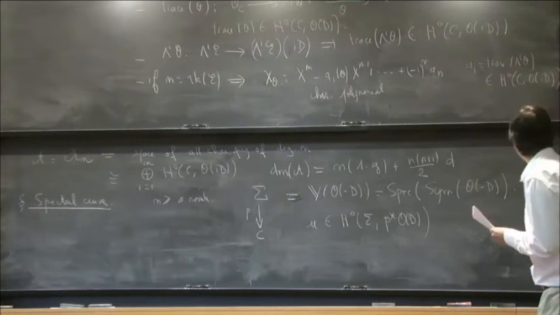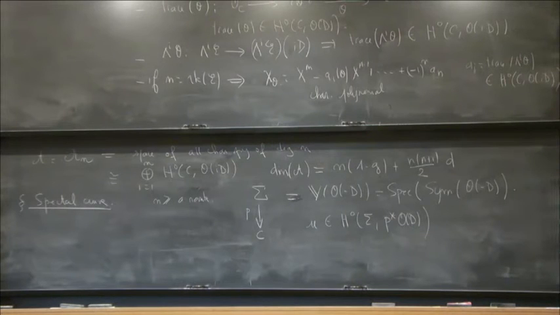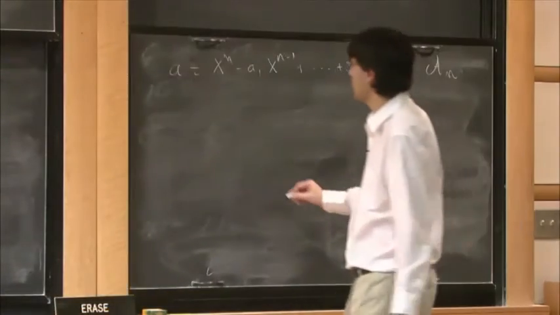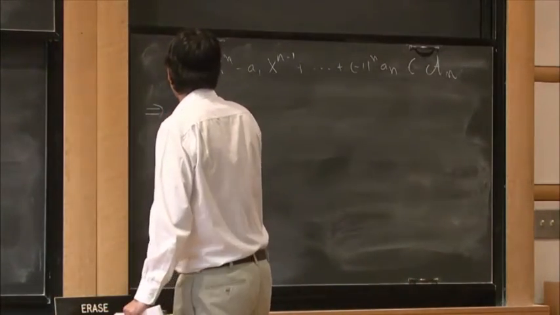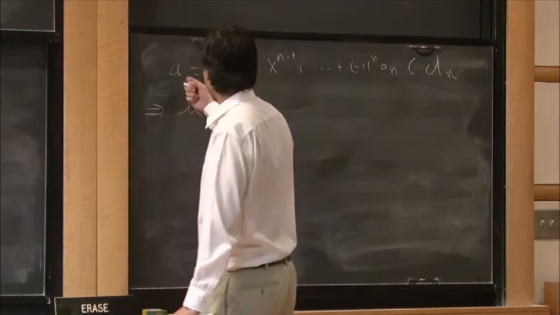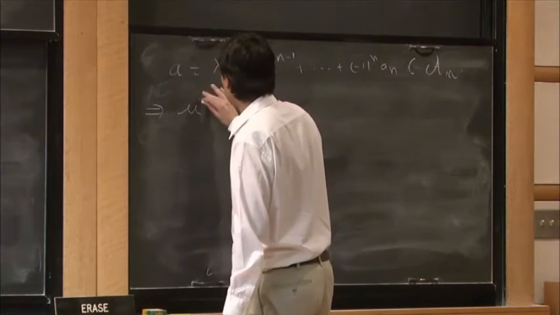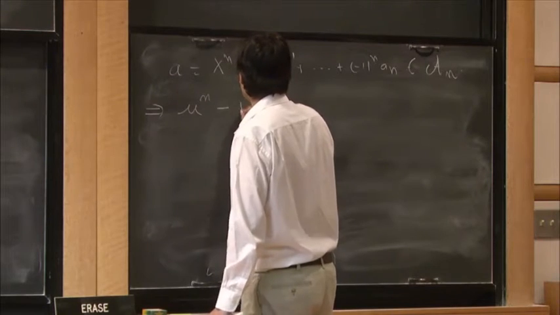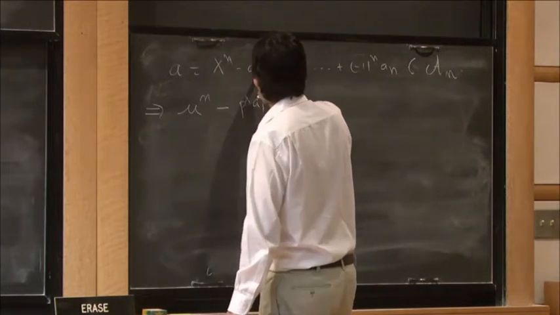And then, given an A, which is x^n minus a1 x^(n-1) plus, minus, a_n, so this is a point, a characteristic polynomial of degree n, I can attach to the universal section u and to the characteristic polynomial u^n minus the pullback of the section.